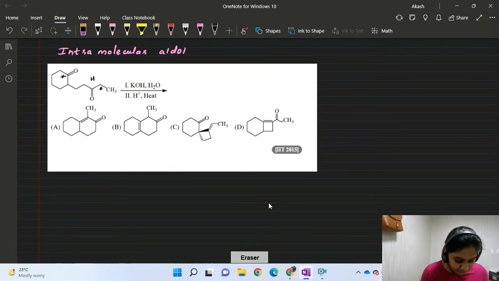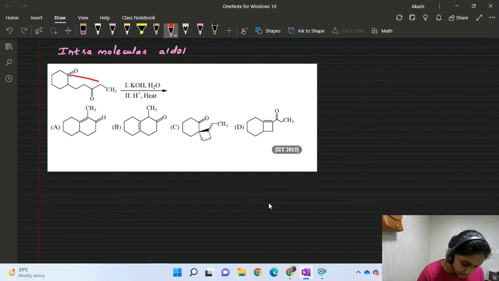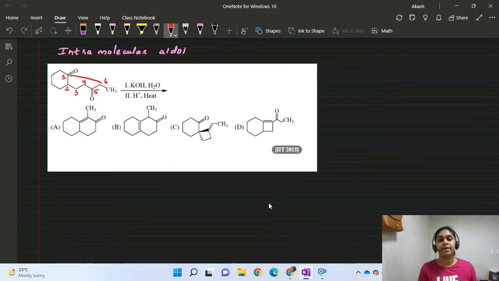In such a case, you will be getting 1 2 3 4 5 6-member ring. Children, remember in chemistry the 5-member ring and 6-member ring are more stable because they have less angle strain. So the 6-member ring is more stable than your 4-member and 3-member ring. So they will always try to form a 6-member ring.